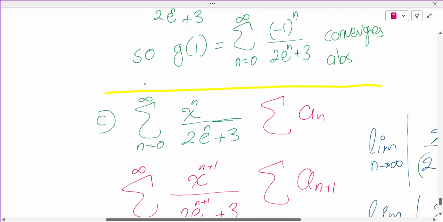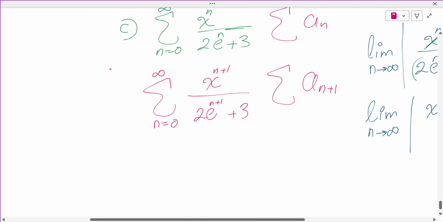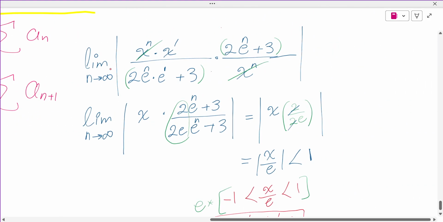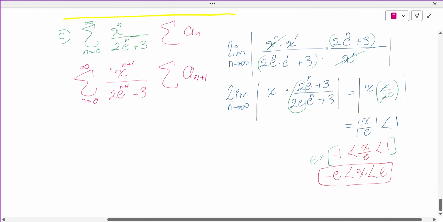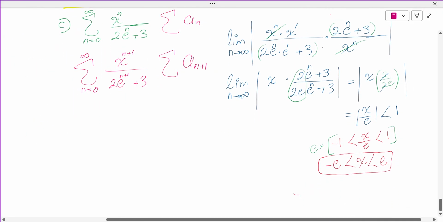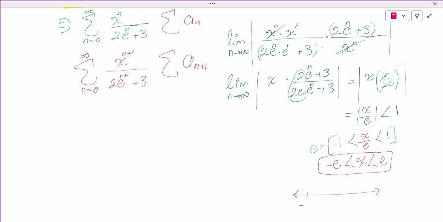So the interval goes from minus e to e, and the center is at 0. So half of this interval will be what? The radius. So the radius r equals what? e. This is the radius of convergence.